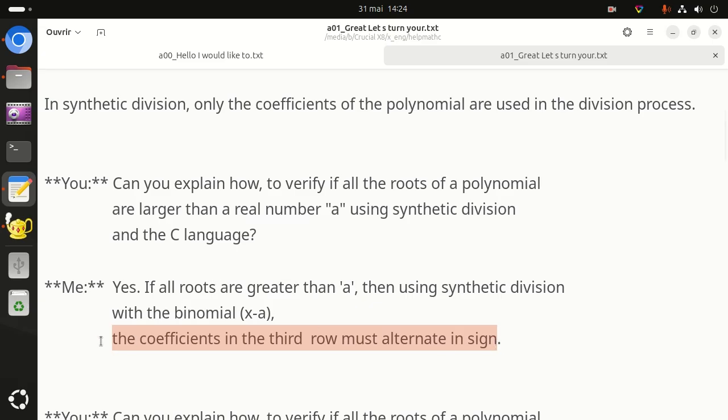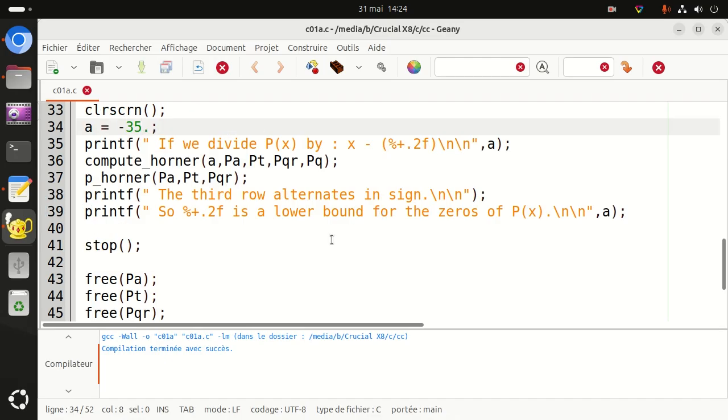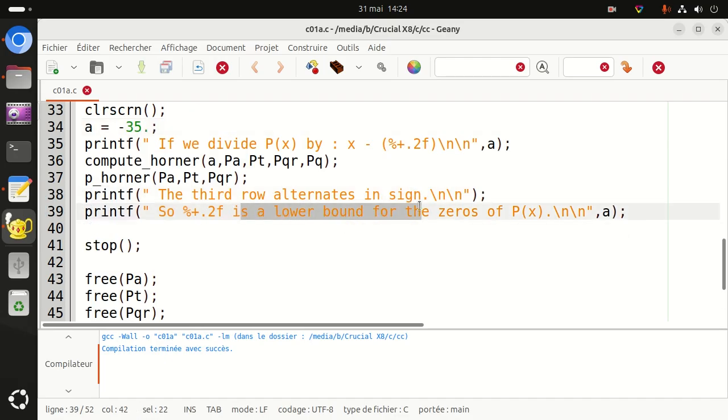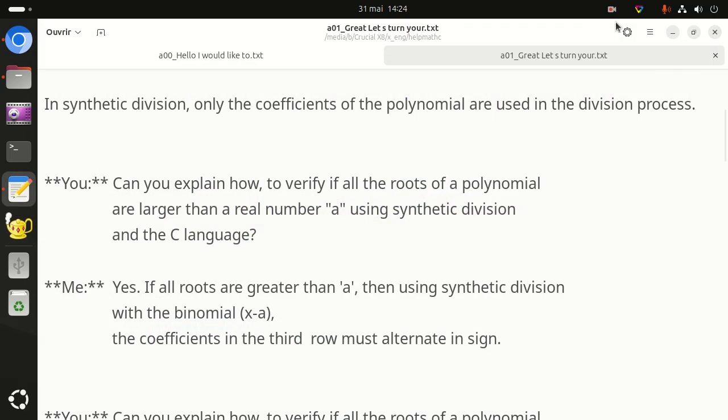So, if the coefficients in the first row alternate in sign, you have with a a lower bound for the root of p of x. Thank you.